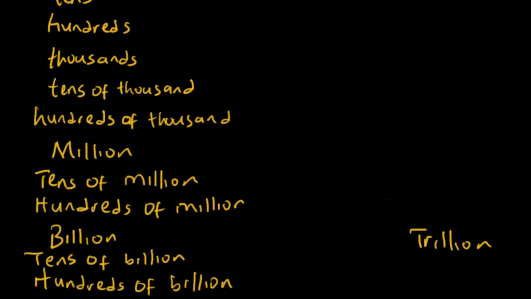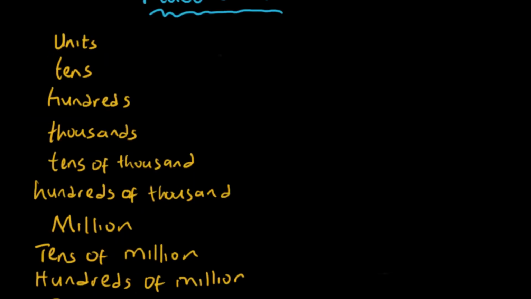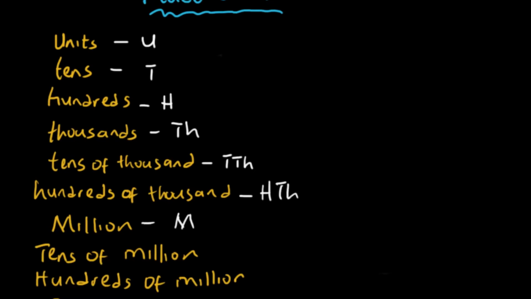Do you understand? Now, for the sake of simplicity, we are going to represent units as U, tens as T, hundreds as H, thousands as TH, tens of thousands as TTH, hundreds of thousands as HTH, million as M, tens of million as TM, hundreds of million as HM.